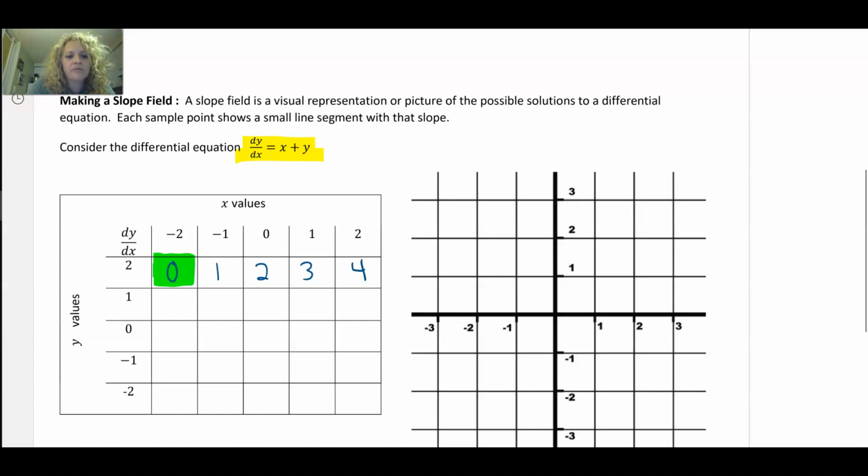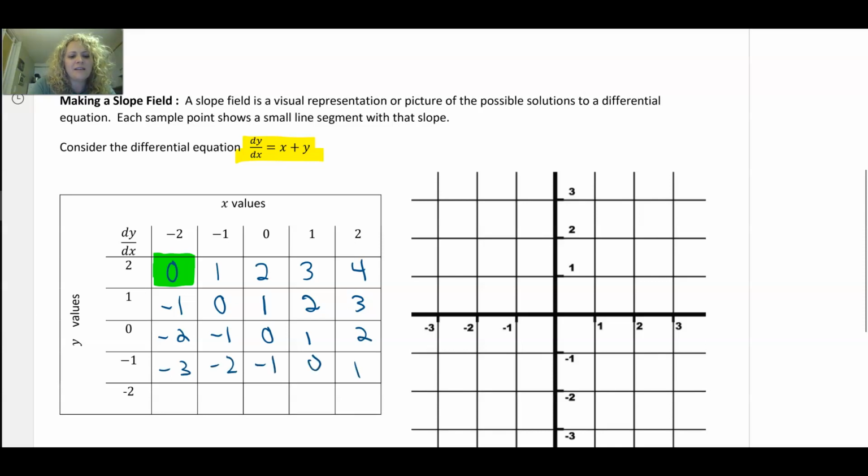I'm going to fill out this table real fast. -2 plus 1. You'll notice a pattern emerging, and we can start to do this quickly. So that's going to be a -2, -1, 0, 1, and then 2, then -3, -2, -1, 0, and 1.